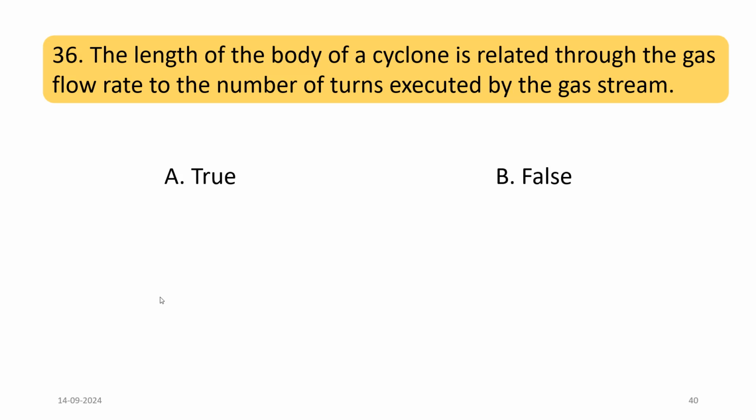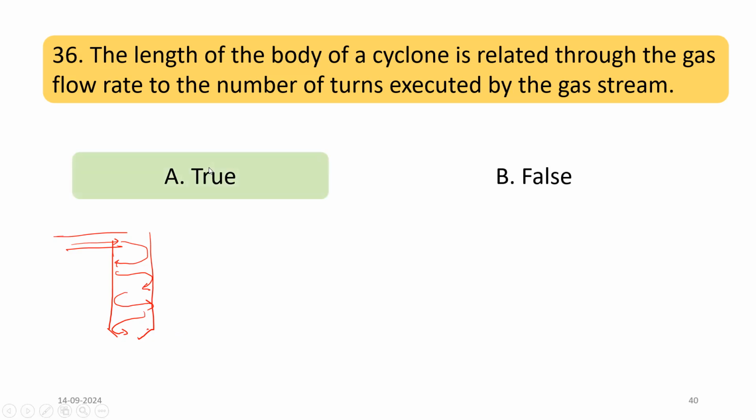It is saying the length of the body is related to the gas flow rate, due to which it will take turns. So the answer is true. It is related.